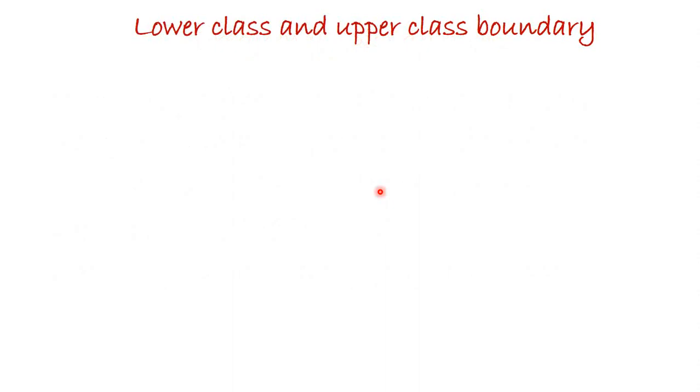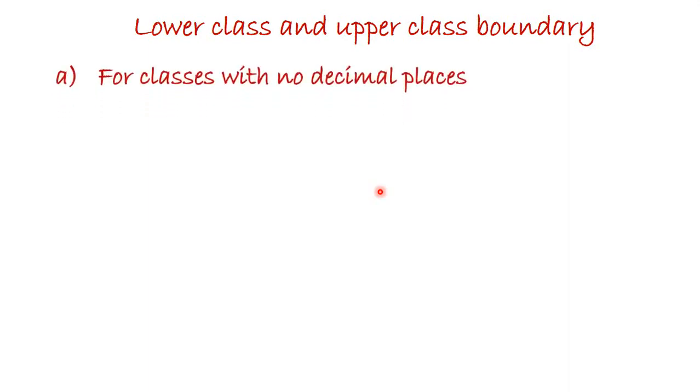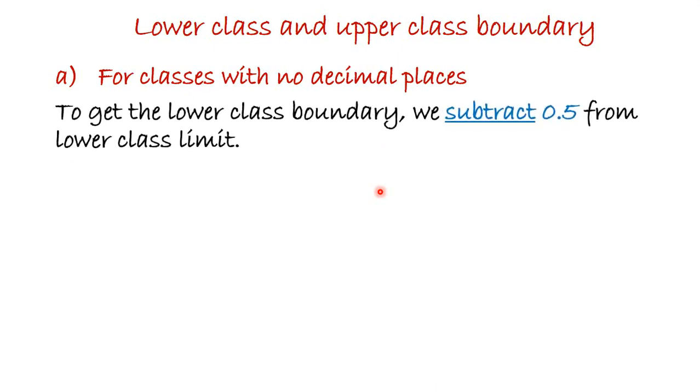So the first way, let us look at when the classes do not have decimal places. So for classes without decimal places, if we want to get the lower class boundary, we shall subtract 0.5 from the lower class limit. Let us look at an example here first of all.